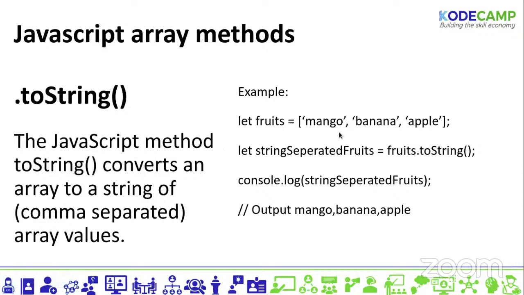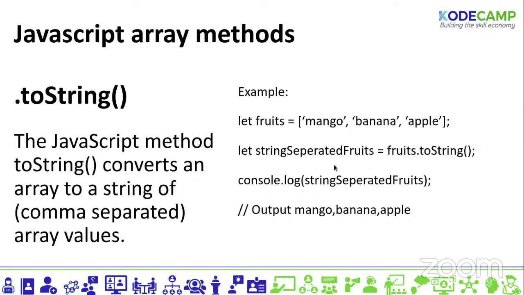So we have fruits, and then now we have fruits.toString. This fruits.toString converts this array into a string, and when we print it out as a variable that stores the fruits that have been converted to string, we now have the output as mango, banana, apple.